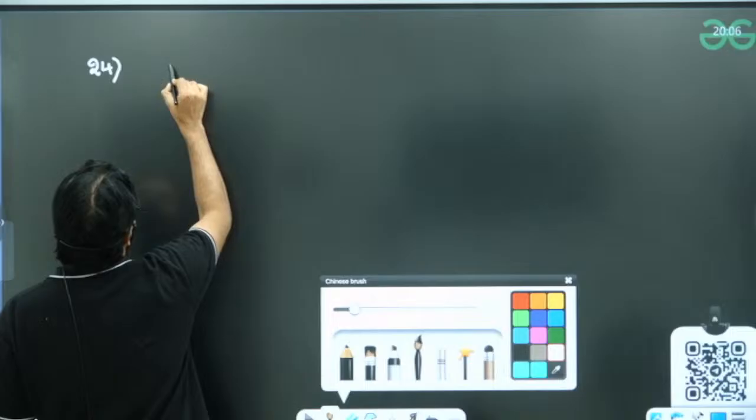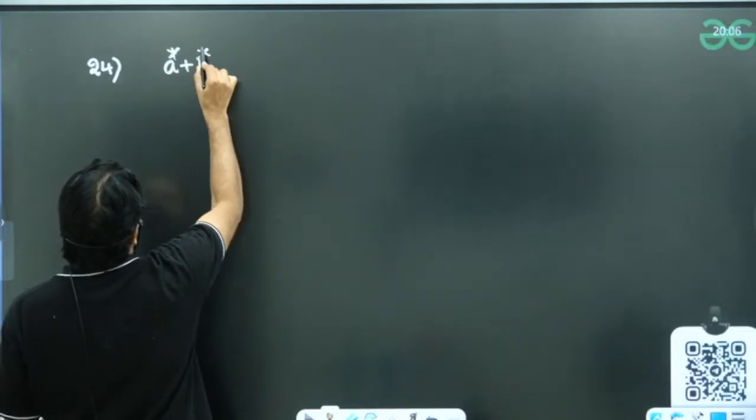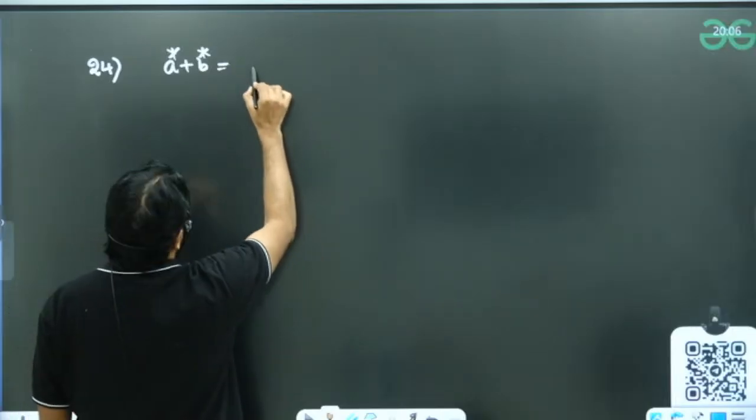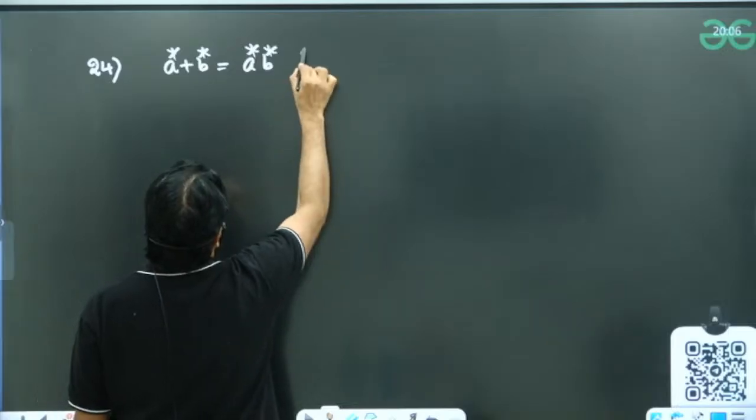The question was A star plus B star is equal to A star B star. This was the first question, right? The homework. Is it correct?